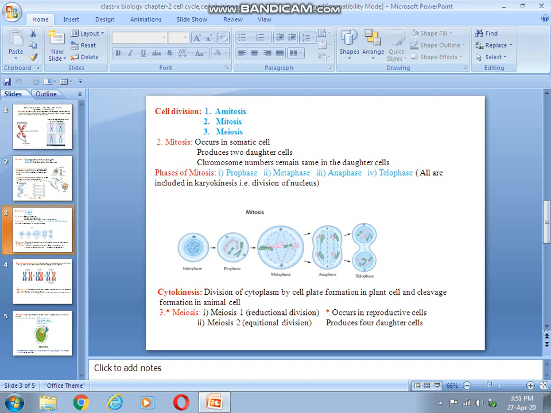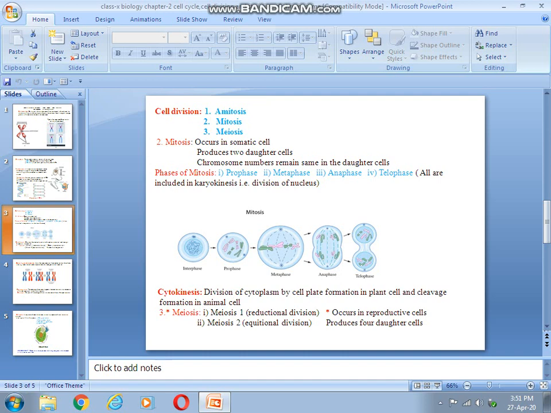Cell division is important for reproduction in some lower class organisms, for example amoeba. In amoeba, the cell simply splits or divides into two parts, and each part grows into a new individual. That means here cell division helps in reproduction. So these are some of the significances of cell division.